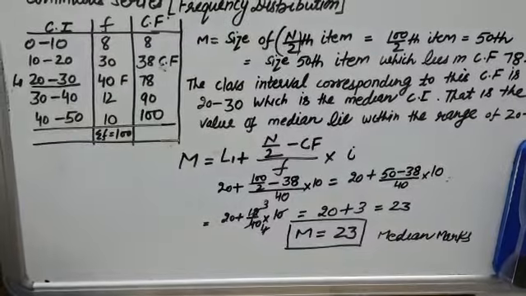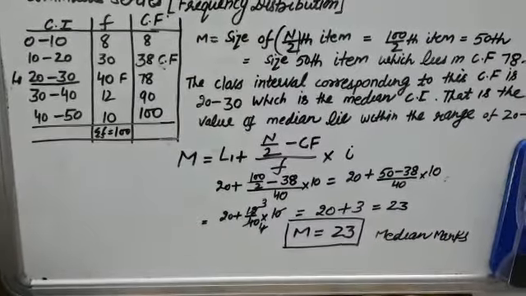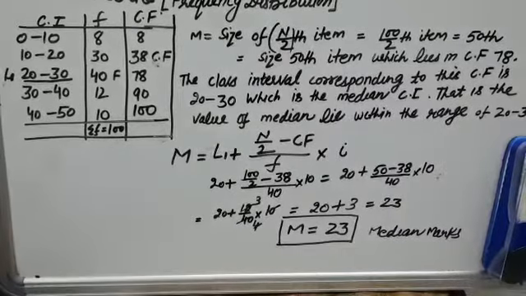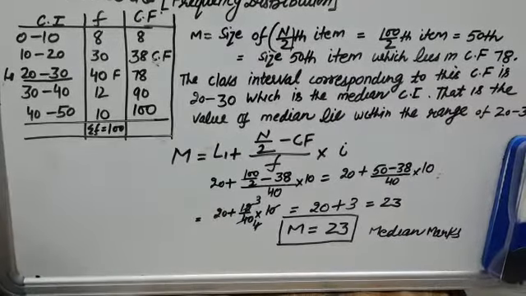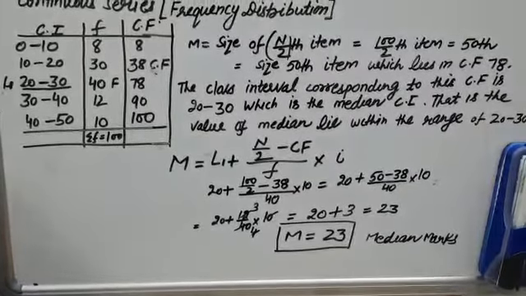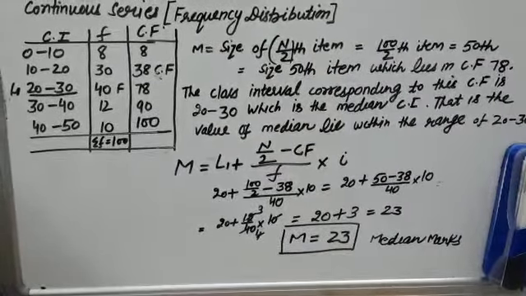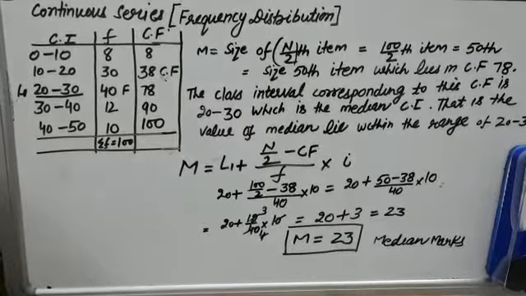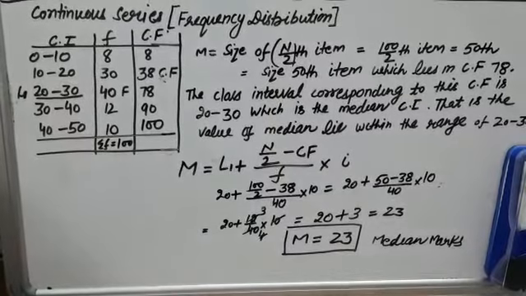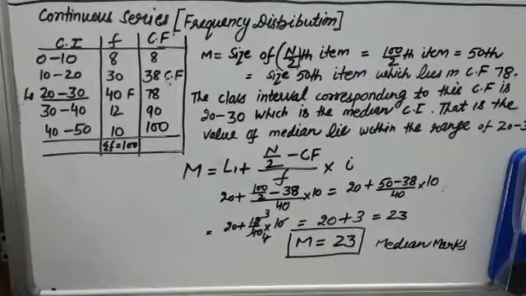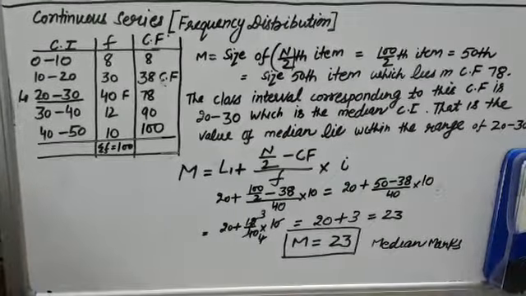Graphic presentation is also possible, but still median also suffers from some limitations, that is, it is not sensitive to all the values in a series because it concentrates on the value of central items of the data. Thank you, students.